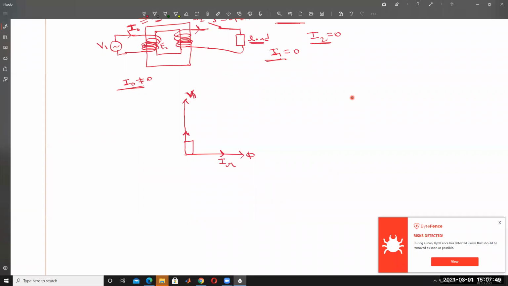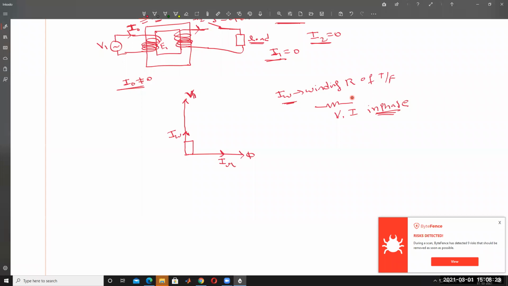Also the wattful component, because of the winding resistance of the transformer. You know well that across a resistor, voltage and current are in phase. That's why the wattful component is in phase with the supply voltage V1.